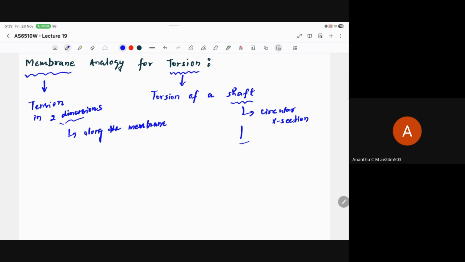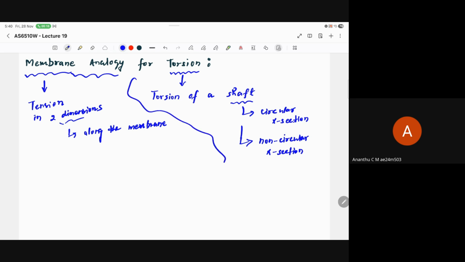But the moment you have a shaft of non-circular cross section, it becomes difficult to analyze using theoretical methods, or even experimental methods. So it is very difficult to study a shaft of non-circular cross section, whether by theoretical or experimental methods. It becomes easy when we do the membrane analogy. So that is what we are going to discuss today.